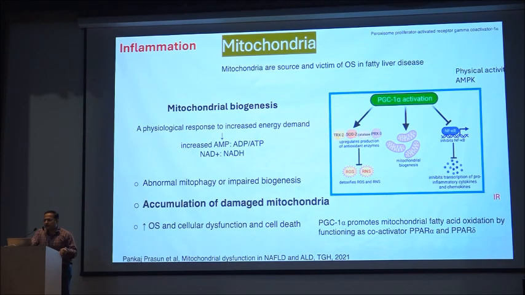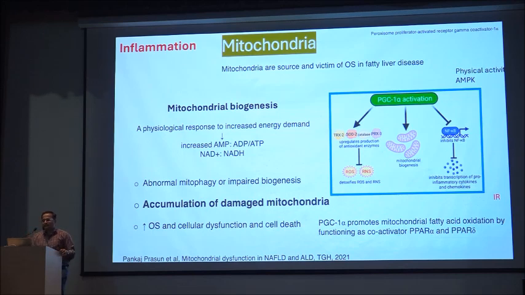So mitochondria have a very important role in both ALD and NAFLD. Mitochondria are both the source and victim of oxidative stress in both fatty liver diseases. Normally, mitochondrial biogenesis, or formation of new mitochondria, happens when there is increased energy demand. That is by the presence of increased AMP levels, increased ADP to ATP ratio, increased NAD plus to NADH ratio.